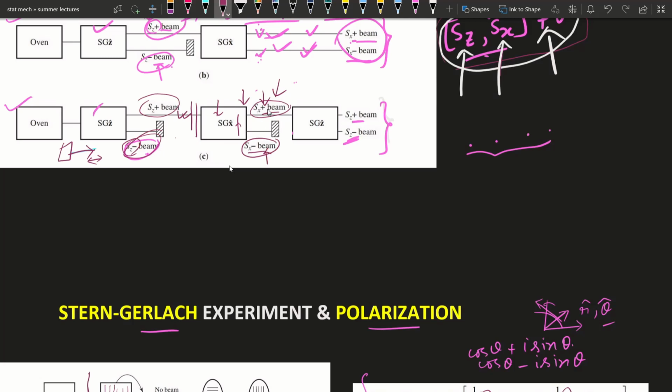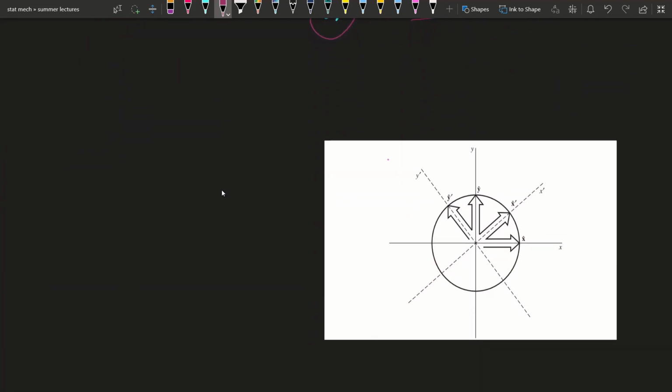We block one of them, and each of these components, Sx plus and Sx minus, already has components of Sz, meaning the y component, the Sz minus component. So after that, when we put the polarizer, we will get the Sz component also.